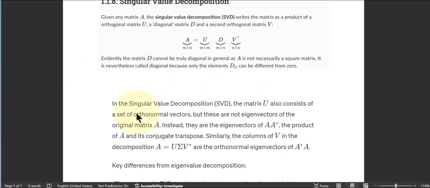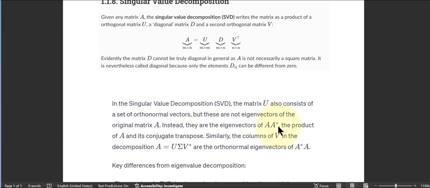Okay, so what are we talking about again? U consists of a set of orthonormal vectors, but where do these come from? We know about orthonormal vectors from a symmetric matrix, but in general, A is not symmetric, so we can't do the same thing that we did earlier.